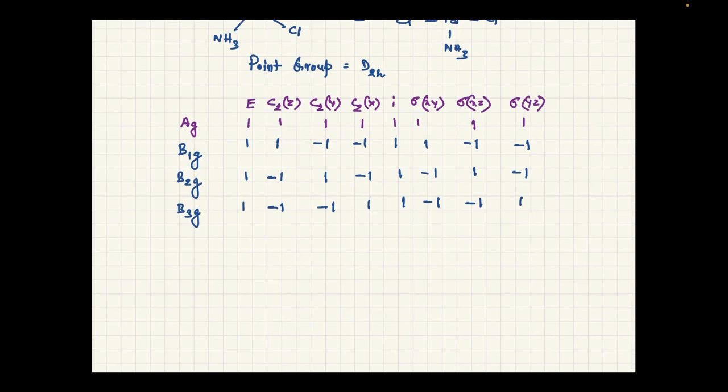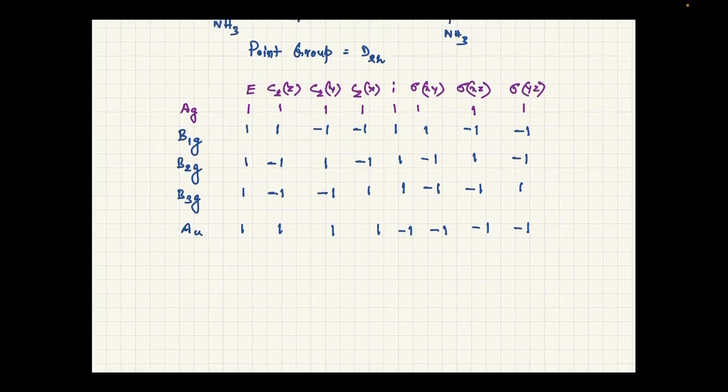Okay, then it will be 1 1 1 1 minus 1 minus 1 minus 1 minus 1. It will be Au, then 1 1 minus 1 minus 1 minus 1 minus 1 1 1.